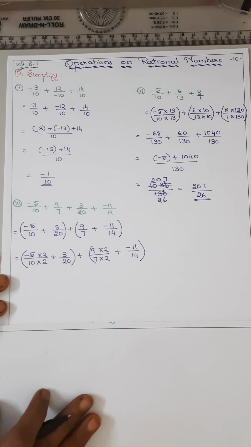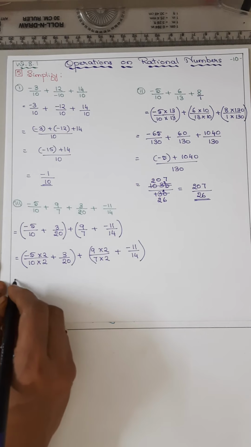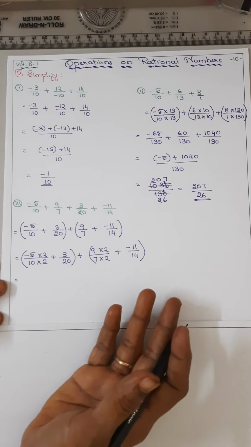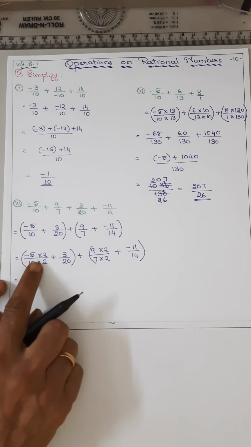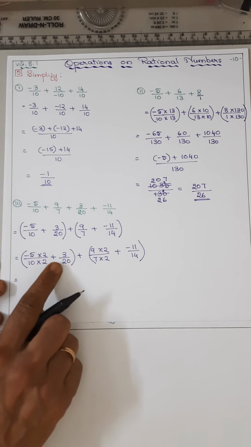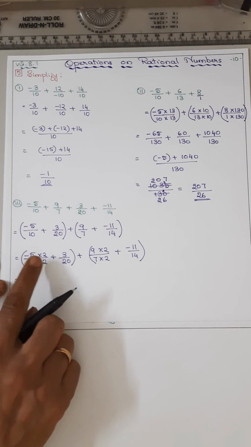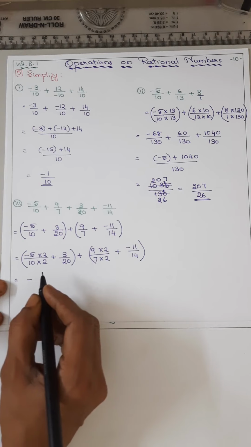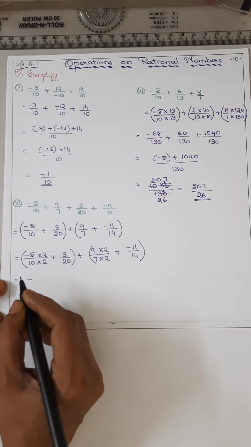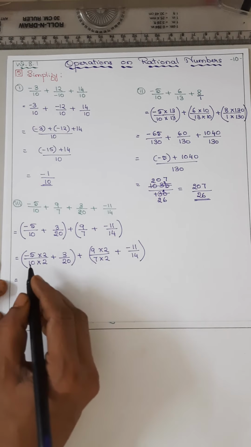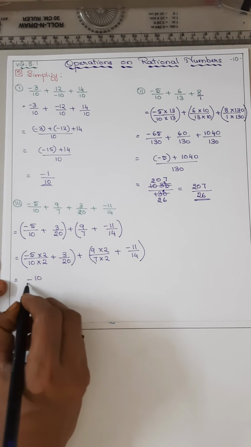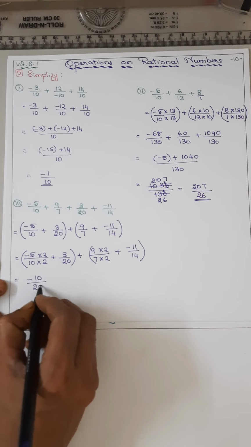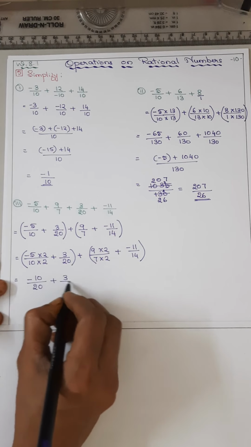If the LCM and the denominator are the same, keep it like that only, otherwise multiply by 1. Why do extra? So minus 5 into plus 2, it is minus 10 upon 20 plus 3 by 20.